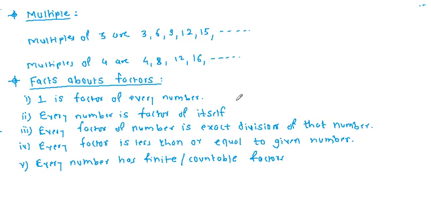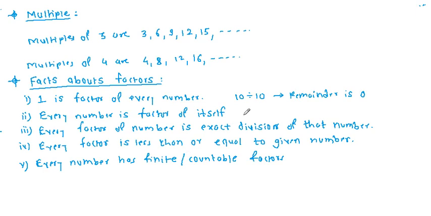For the second point, every number is a factor of itself, we use the example of 10 by 10. We get a remainder 0, so every number is a factor of itself.